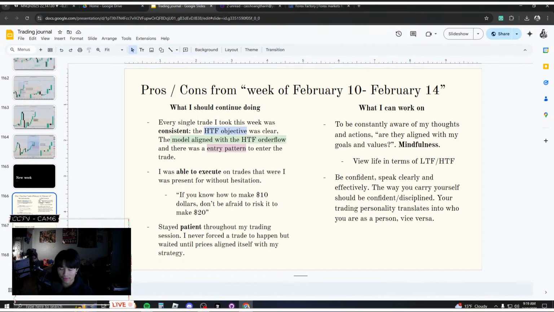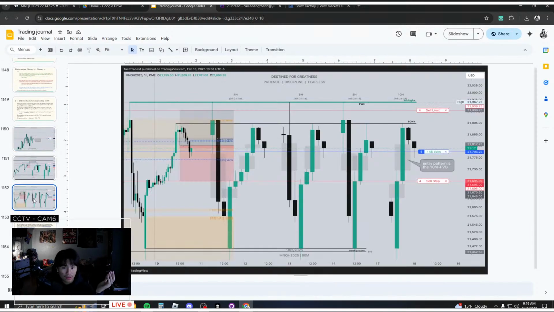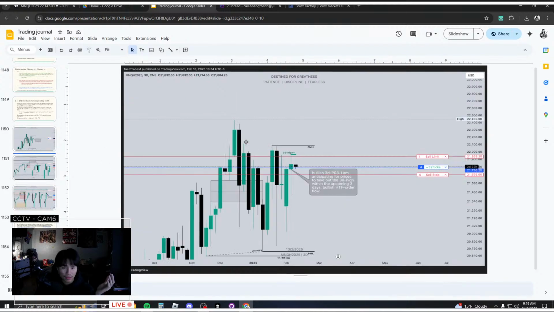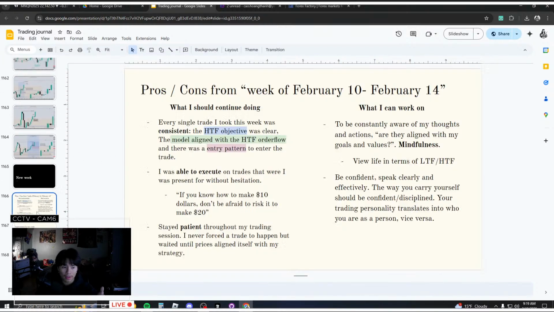This strategy isn't foolproof, right? There are going to be times where I take losses. And like last week, there was a time where I took a loss. Like on this specific trade here, which I think I went over on my YouTube channel, I took a loss. That's completely fine. As long as I'm able to execute my strategy whenever it presents itself, that's all that I care about, right?